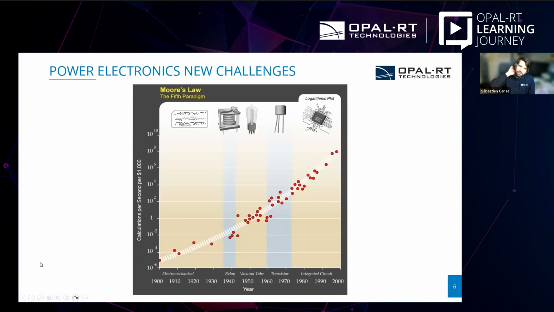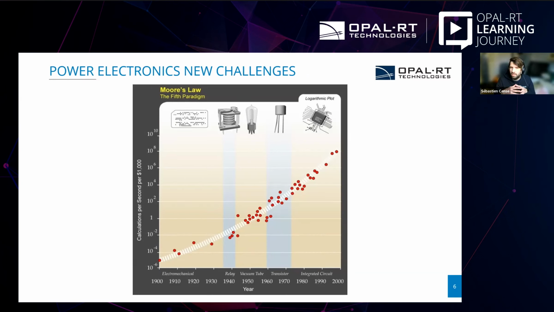So let's come back to the power electronics itself, and electronics in general. I'm sure you know there is a law called Moore's law, which defined the number of calculations per second per $1,000 you could do with a product. And from the start of the industry, that number kept growing. We were capable of making smaller silicon circuits and achieving better performance over time.